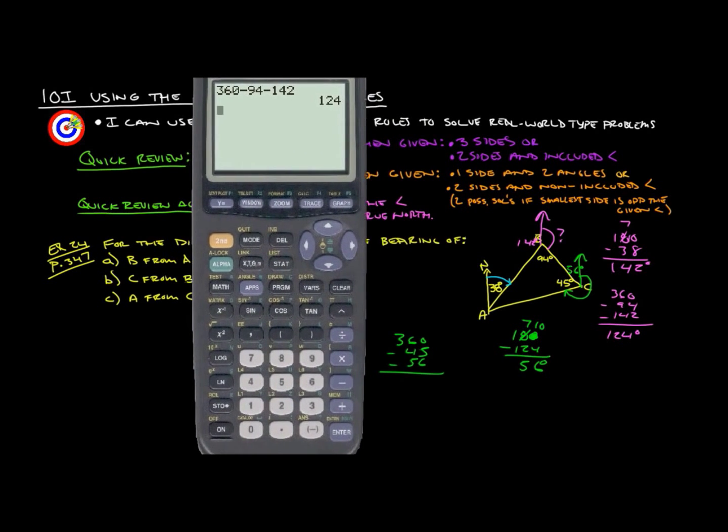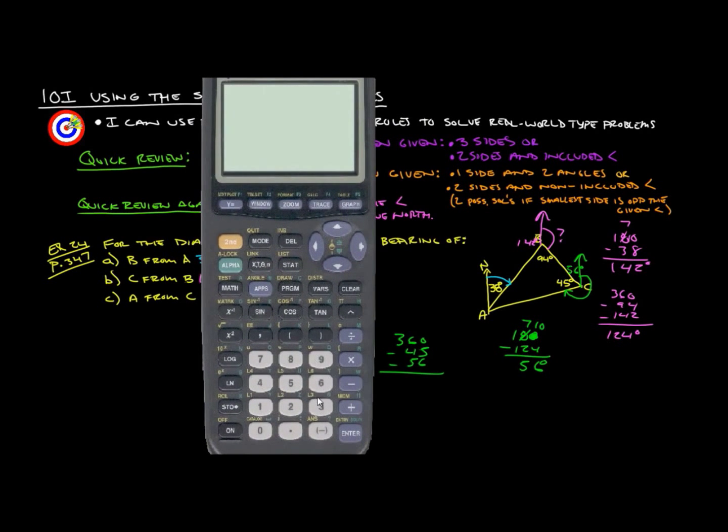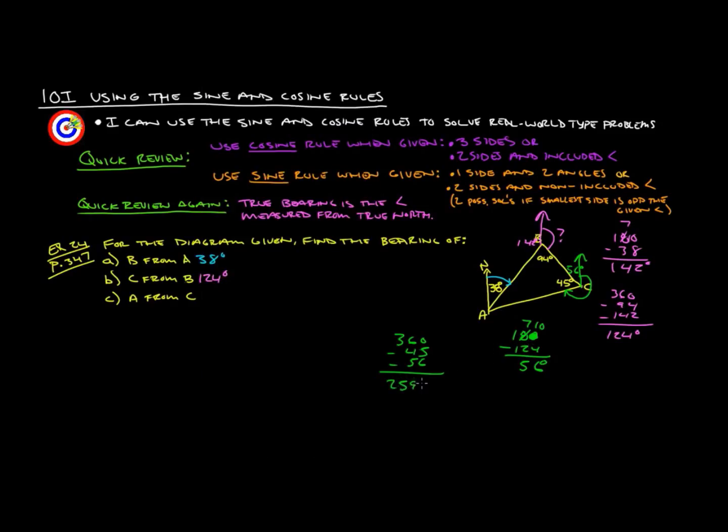So 360 minus 45 minus 56, and we get 259 degrees. So then that's our bearing angle. All right.